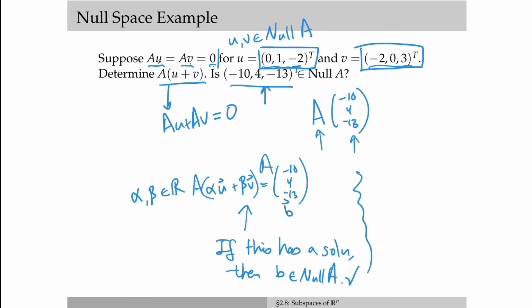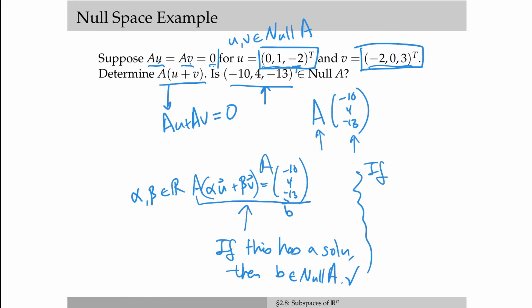All right, now the thing is, if this thing does not have a solution, so if there's no alpha and beta such that this linear combination will give me B, that does not mean that B is not in the null space of A. You got to think about why that's the case.